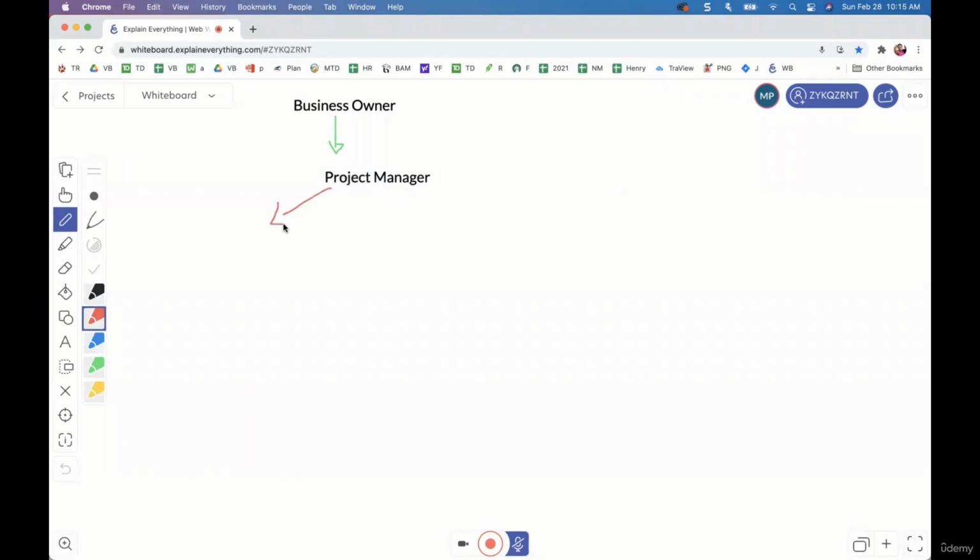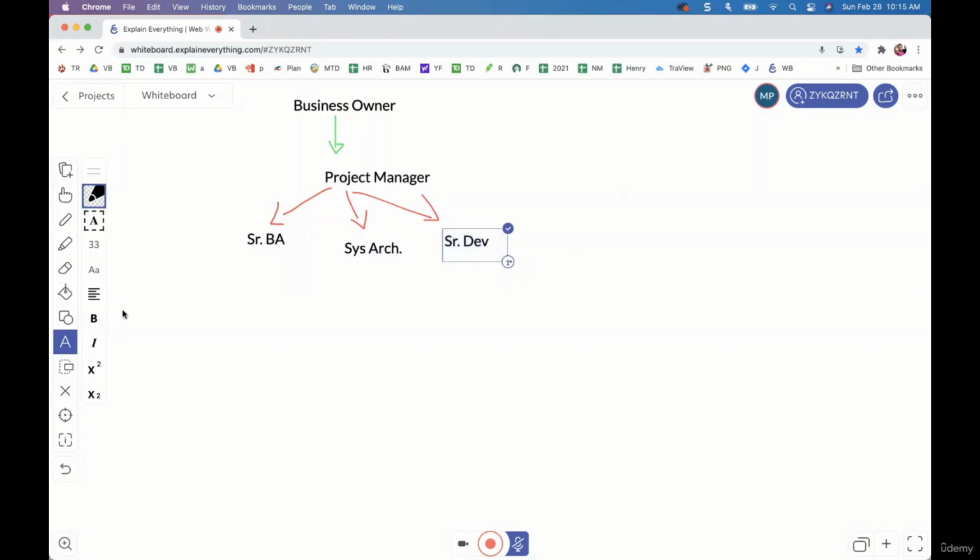What the project manager is going to do, as soon as the project manager is hired, is hire a senior business analyst, a system architect, and a senior developer.